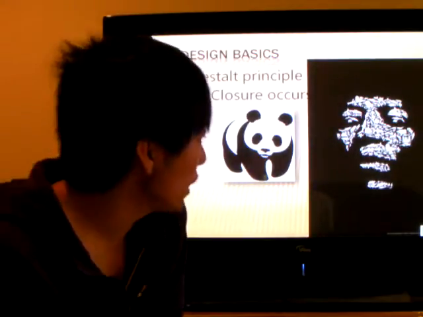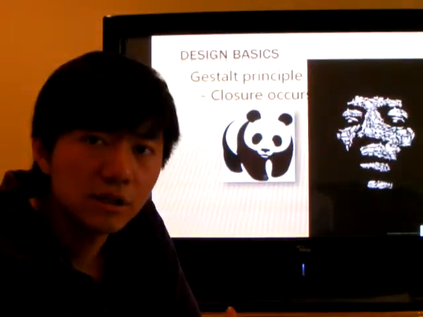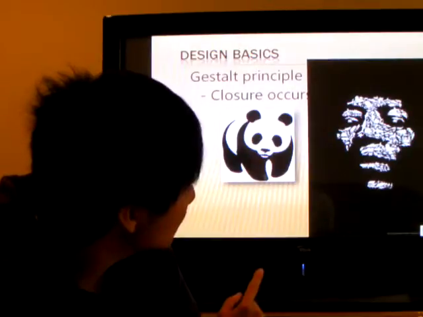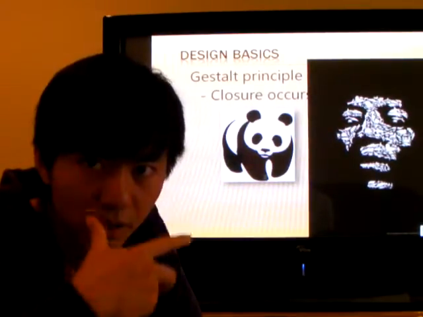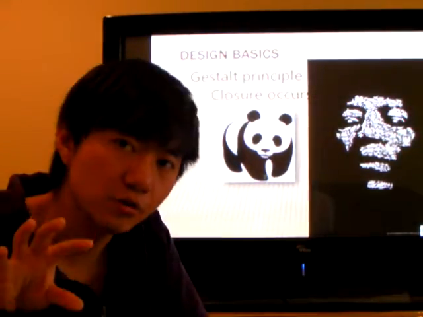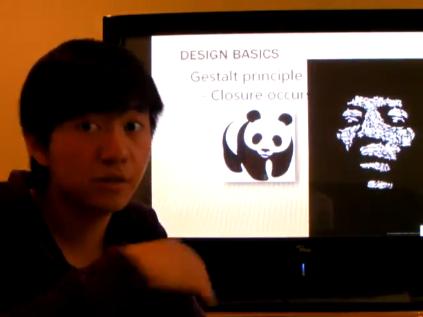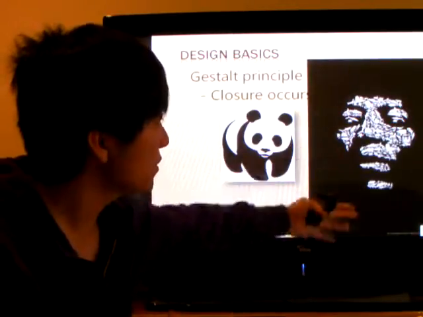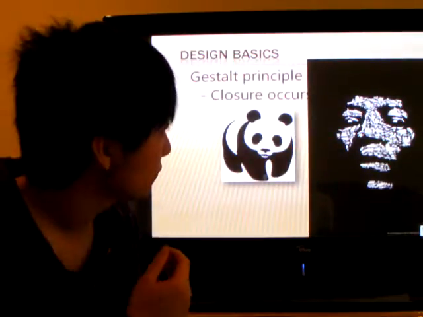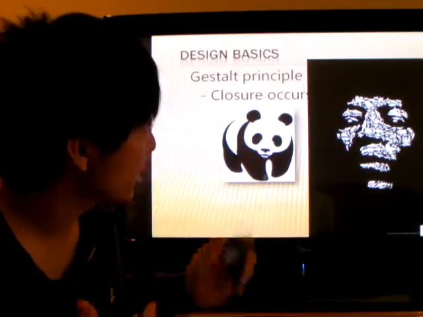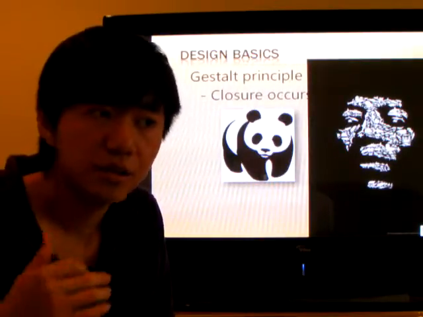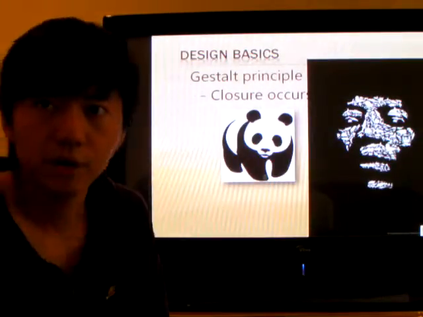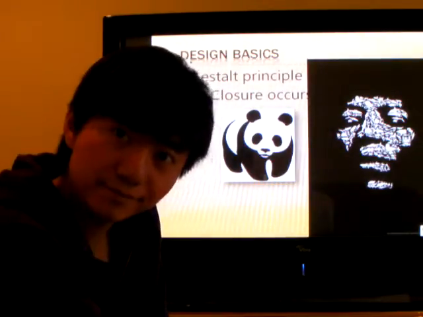And the WWF also designed ads in this style, using the Gestalt principle. Like this ad, they just use a man's face, and actually if you look at this ad very carefully, there are many different animals on the face, like sharks, elephants, and they are trying to ask people to protect the animals. Very good one.